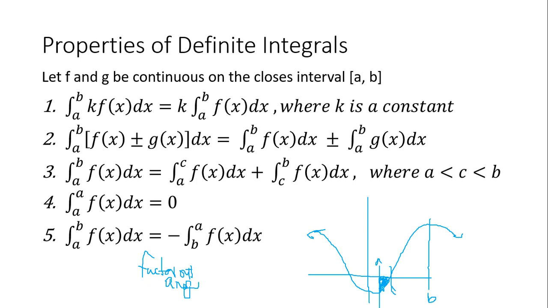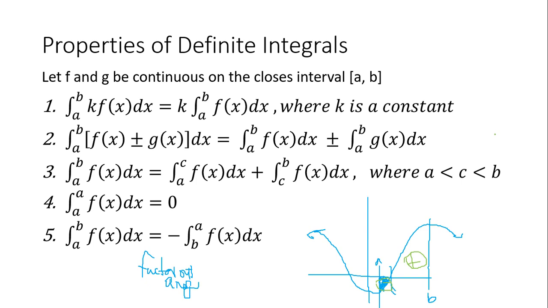If I was to take the total area from A to B, I would have a negative area here, but I would have a positive area here. And when I add these together, I would still be accounting for the fact that I have a negative area. This is important for when you're graphing things like loss in a business. If we're graphing total net profit and there's a loss, you're going to have a negative area.